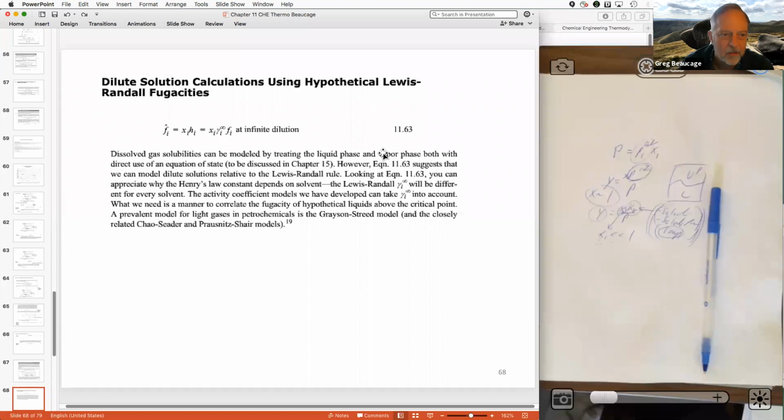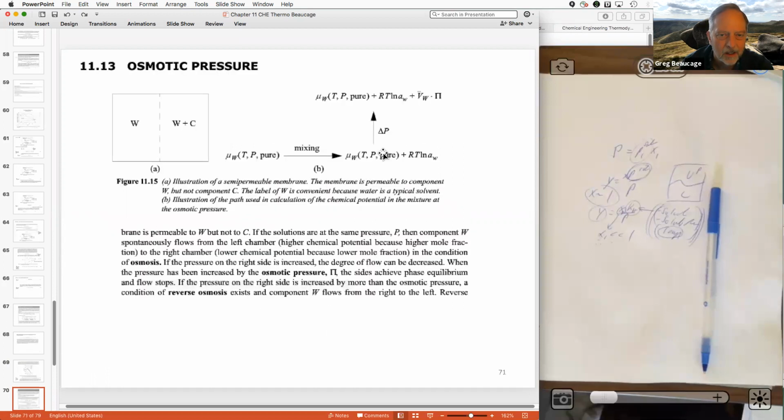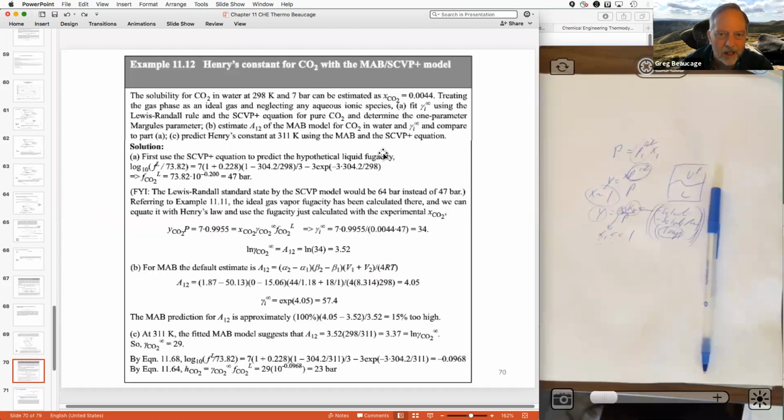Let's see. Right, we don't need this. Then they're using a more complicated one. This is just the Margules acid-base equation, right? So it's going to be the difference between alphas and betas to get the gamma here.